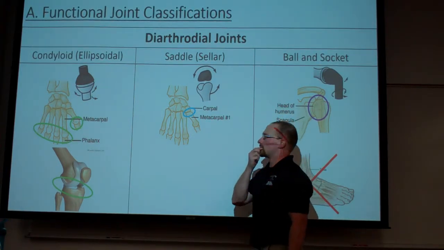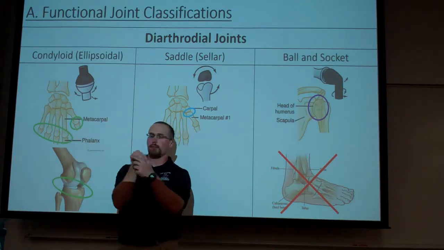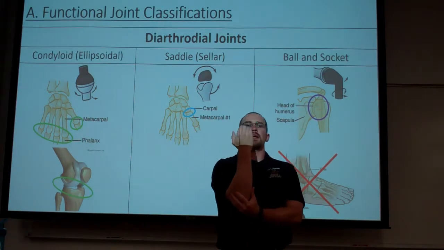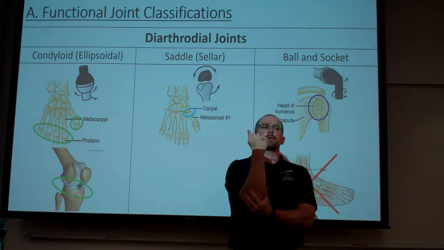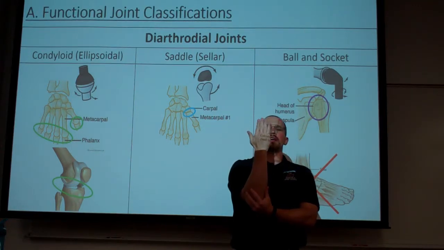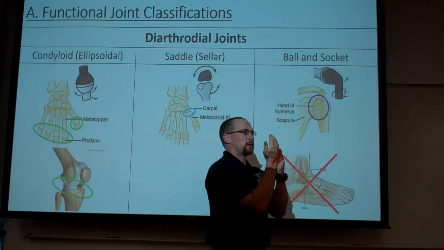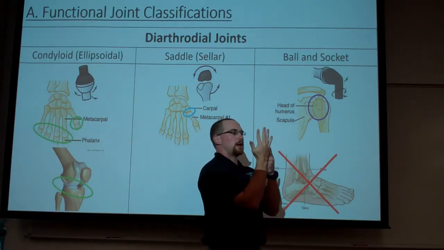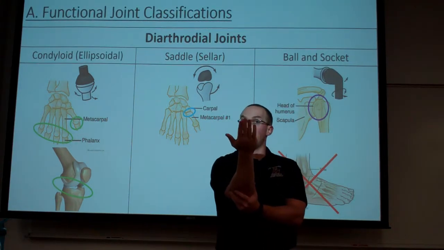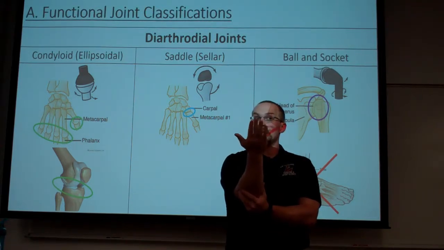You can see those in your more proximal knuckles, because my fingers can go like this, and they can go like this. All that movement is occurring at those proximal knuckles. If I'm doing this motion here, this is happening in the sagittal plane.